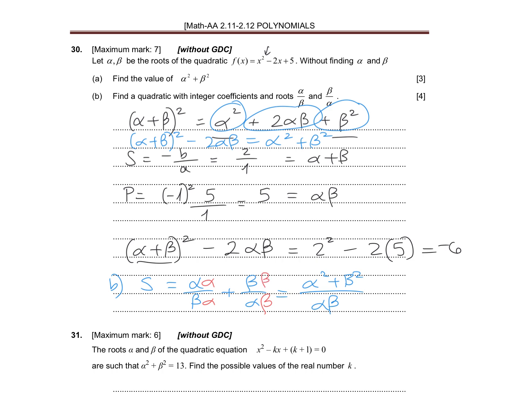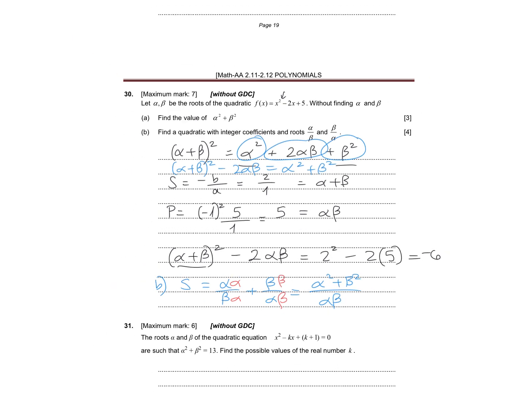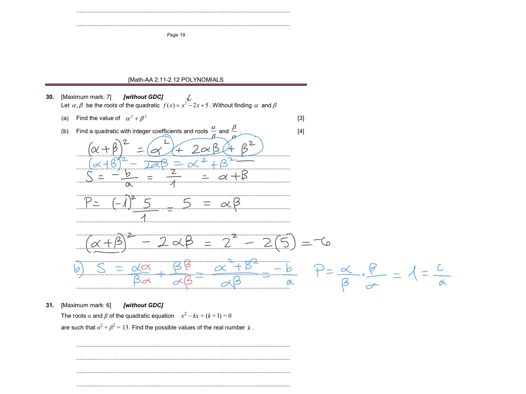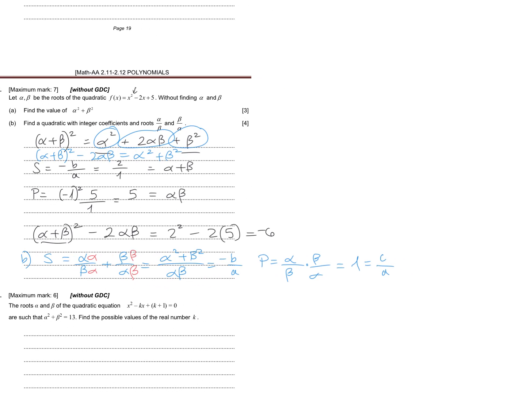Now, okay, so I guess it does have stuff to do with the first one. The product of those is going to be alpha over beta times beta over alpha, which is going to be 1. All right, so we have that this sum is equal to negative b over a, and this product is equal, and it's quadratic, so it's going to be negative 1 squared, which is positive 1, and c over a.